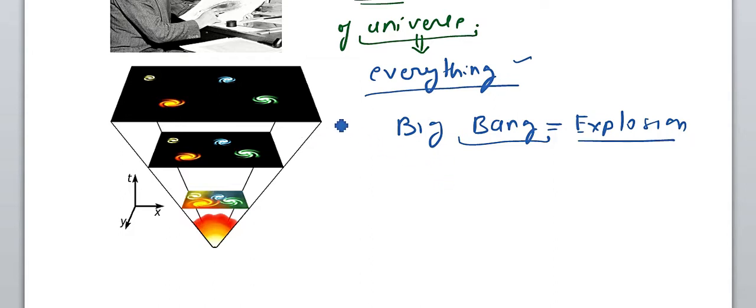So Mr. Hubble concluded this theory, the Big Bang theory, based on his observation that all the galaxies which are present in the universe, these are the galaxies, all these are the images of the galaxies. So Mr. Hubble observed that the galaxies are moving away from each other.